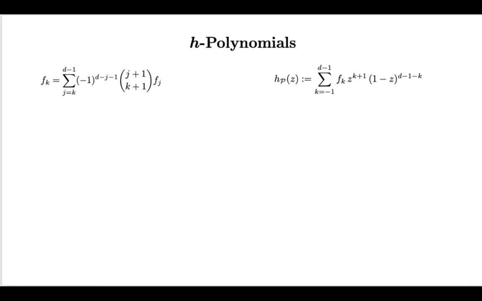Let me rephrase the Dehn-Somerville equations for simplicial polytopes using what's called h-polynomials. So my setup is that you have a simplicial polytope and the dimension is d. Then again, here are the Dehn-Somerville equations.